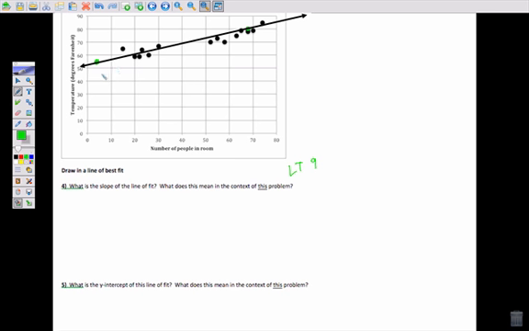And so my 2 points here look like, we'll say 4 comma 55, and we'll say that this one was 68 comma 80.